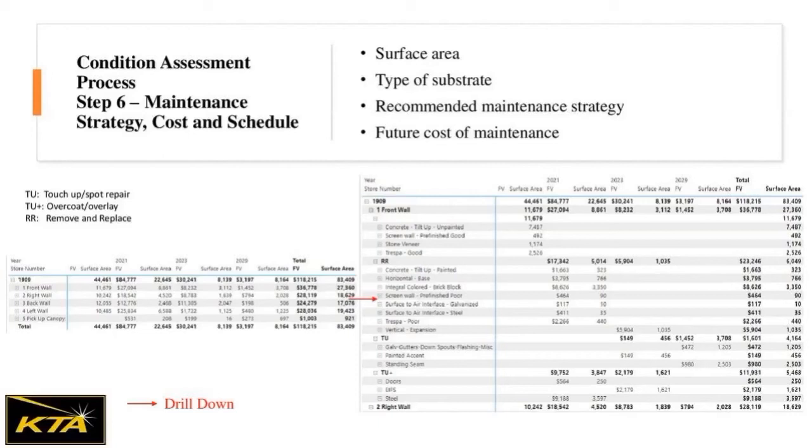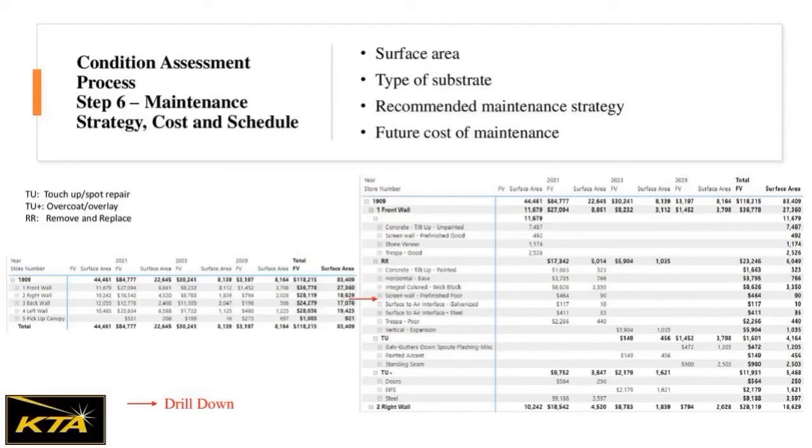The table on the left shows maintenance is recommended in years 2021, 2023, and 2029, along with the future value cost required for each year by grid or by elevation.